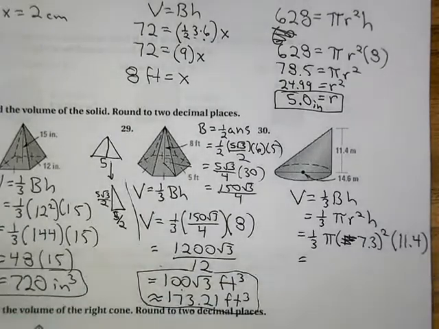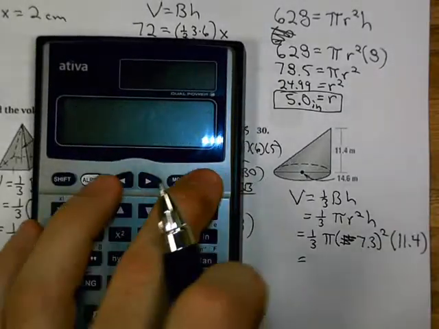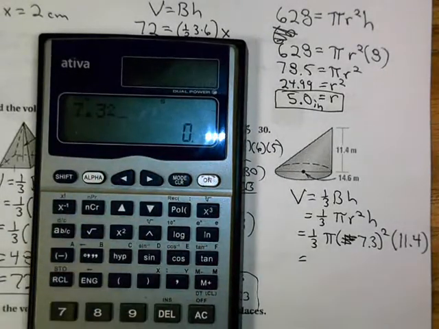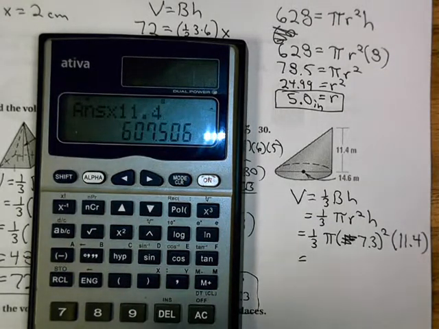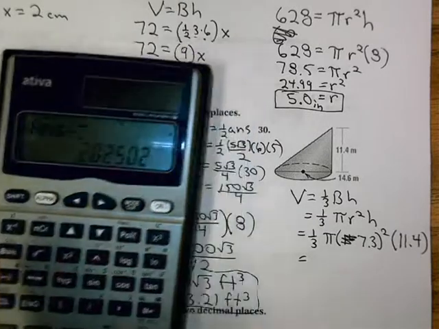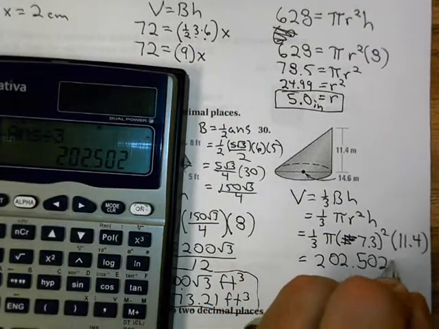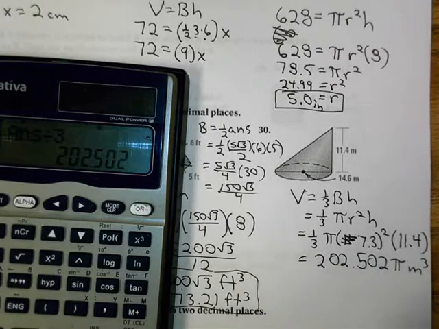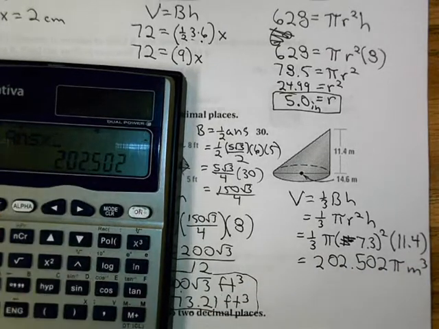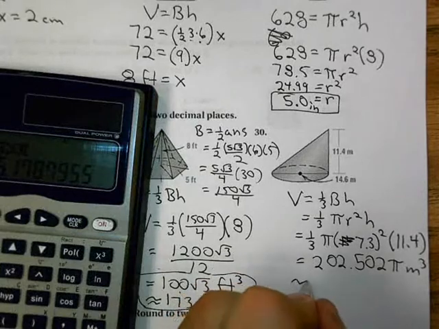So we're just going to use our calculator for this one. I have 7.3 squared times 11.4 divided by 3 gets us to 202.502 pi meters cubed.